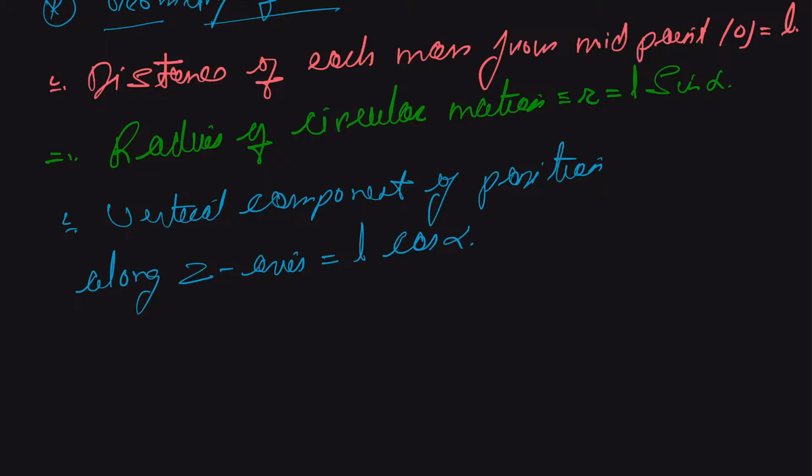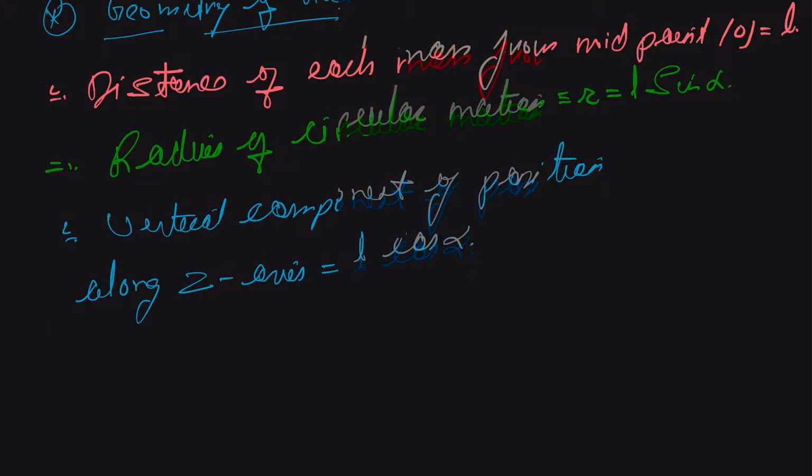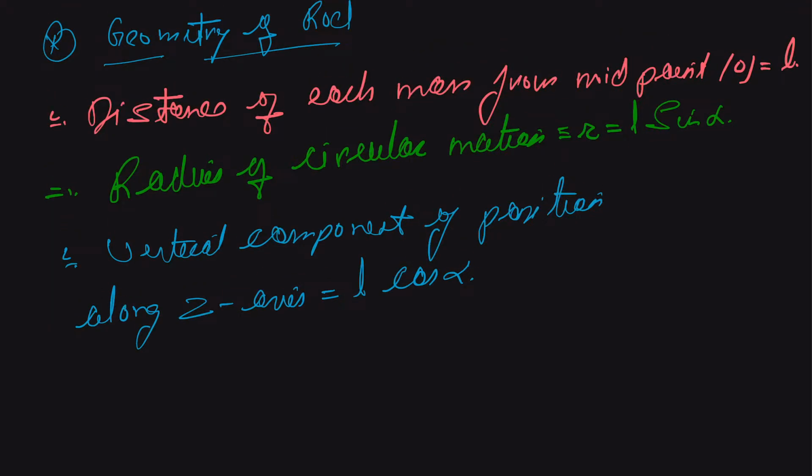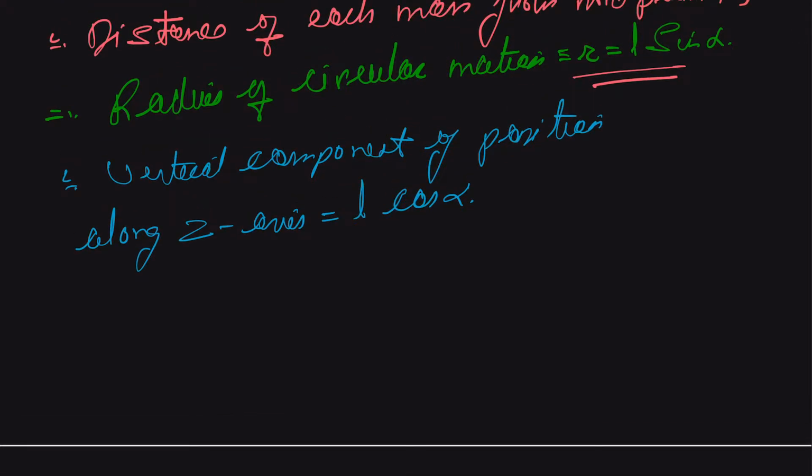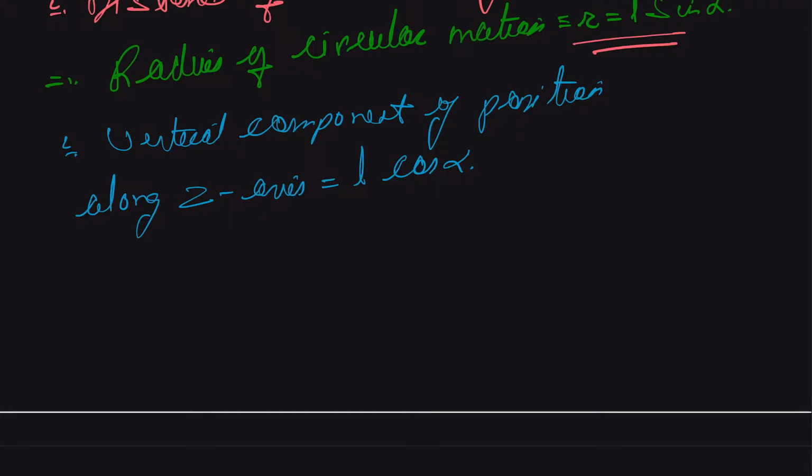So it means each mass is going to move in a horizontal circle of radius R, which is L sine of alpha.